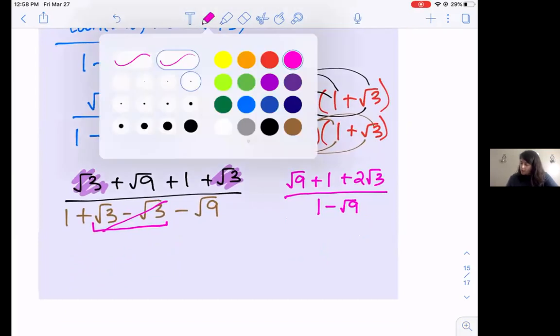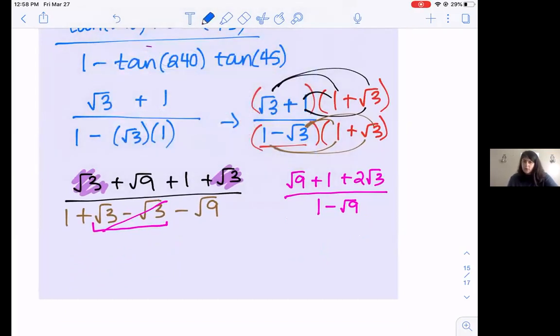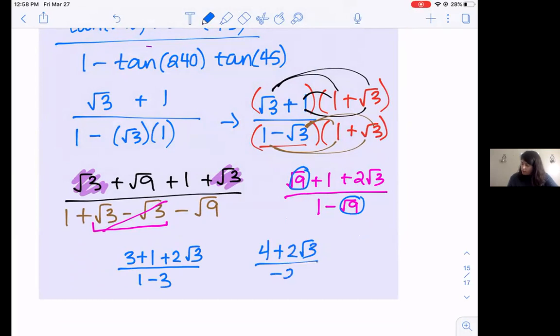The next thing I can do to simplify is that radical 9 simplifies to 3. So this is 3 plus 1 plus 2 radical 3 over 1 minus 3, which is 4 plus 2 radical 3 over negative 2.